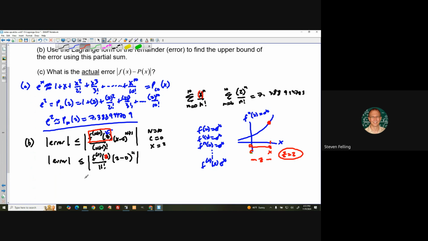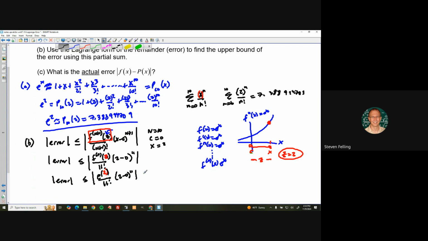Okay, so now let me write this one more way. The absolute value of the error is less than or equal to now the function itself is e, so this will be e with that z value of 2 plugged in, okay, over 11 factorial, 2 minus 0 to the 11th power, and now I can evaluate that.